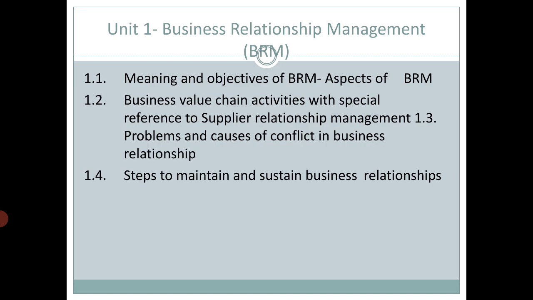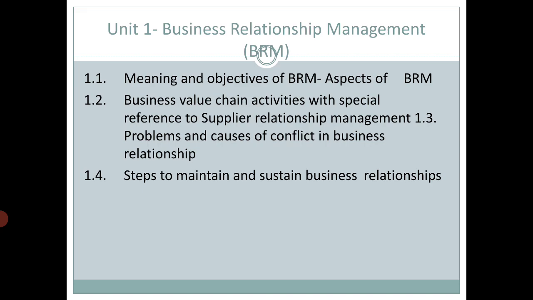So we need to understand the concept thoroughly, because if we are not clear with the terminology of business relationship management, meaning what is business, what is relationship management, what is management actually, it might be harder for us to face it.